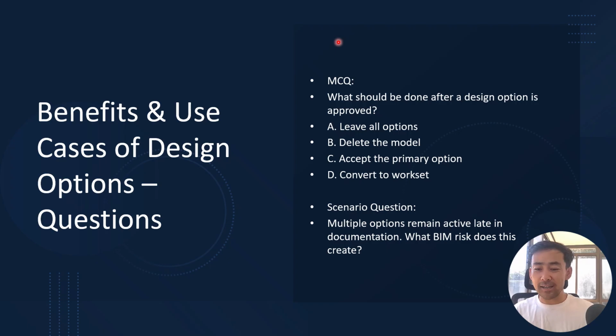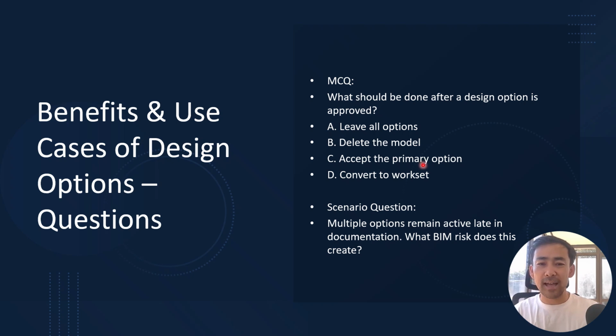Let's have some practical questions related to the benefits and use cases of design options. First question: what should be done after a design option is approved? When a design option is approved by the clients, by the supervisor, by the senior engineer, and everybody agrees, then we accept that design option as the primary option.